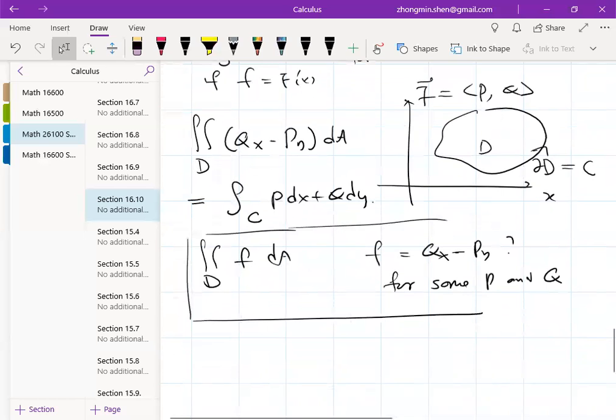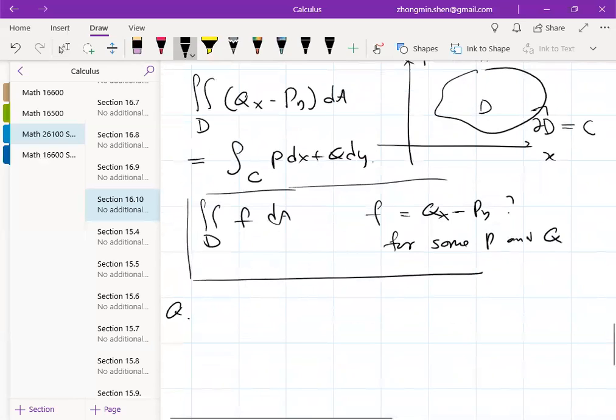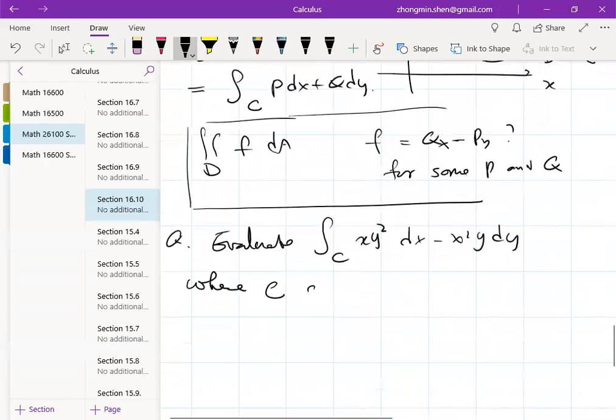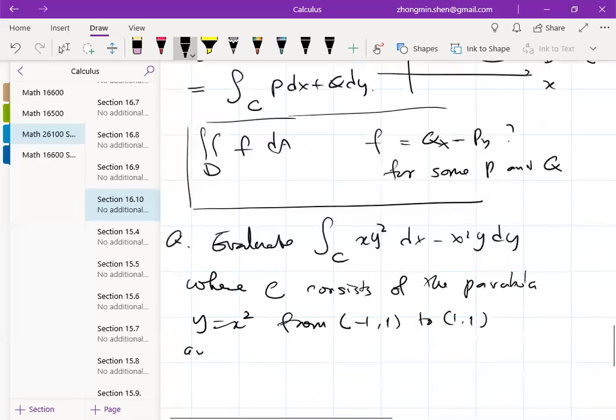So here's an exercise. Evaluate this line integral, where C consists of the parabola y equals x squared from (-1, 1) to (1, 1), and the line segment from (1, 1) to (-1, 1).